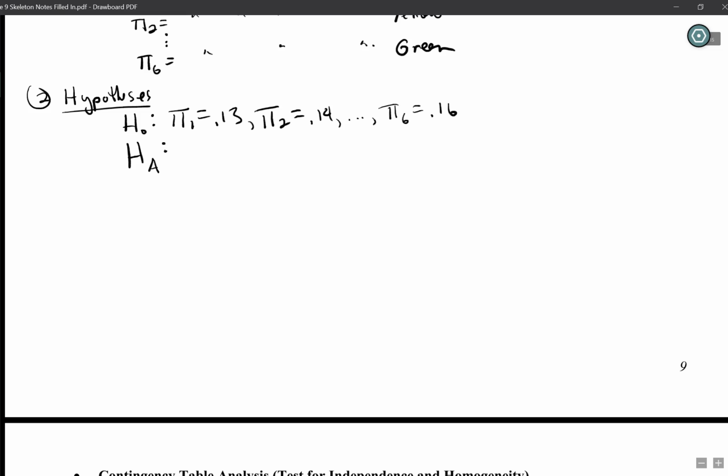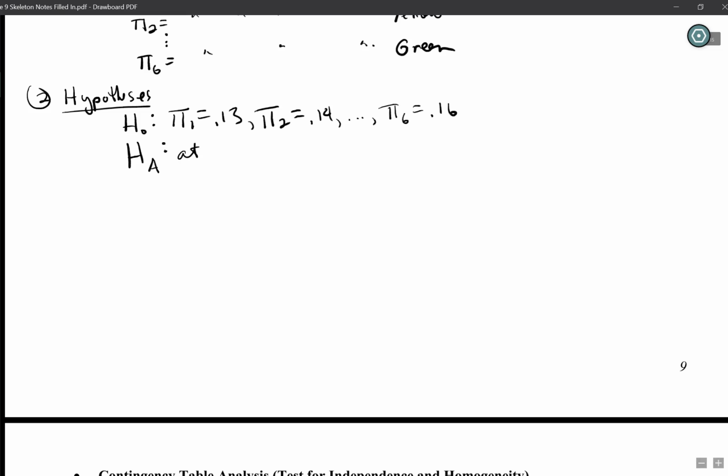If this was stated on their website or in some publication, we could test these color proportions as they're set here. That would be the null hypothesis.